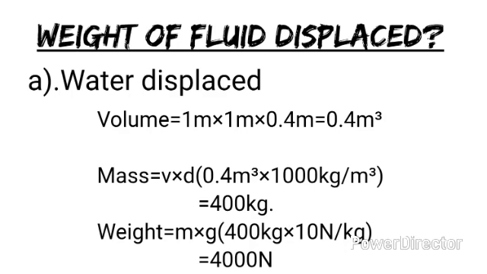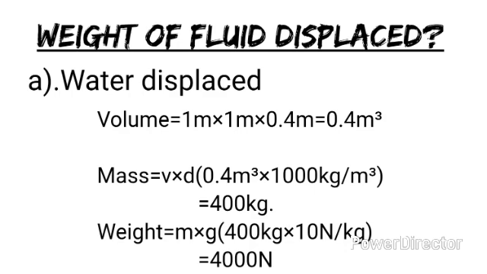So the volume is 1 multiplied by 1 multiplied by 0.4, giving us 0.4 cubic meter. Now we calculate the mass by multiplying volume by density. The density of water is 1,000. So if we multiply 0.4 by 1,000, we'll get 400 kilogram.